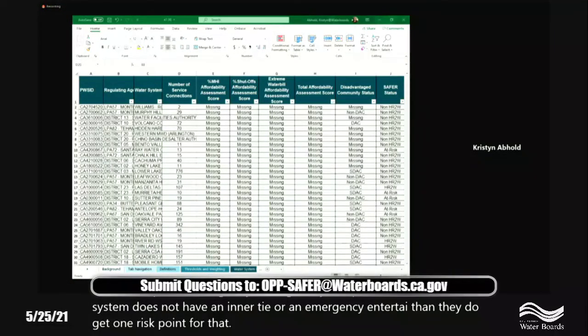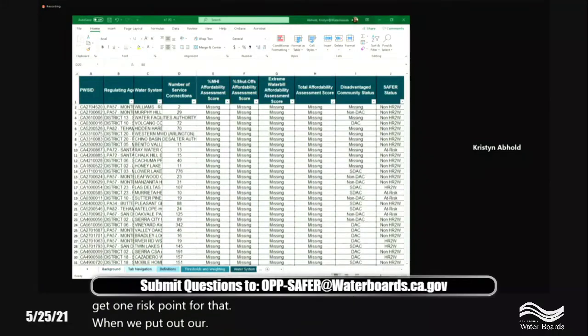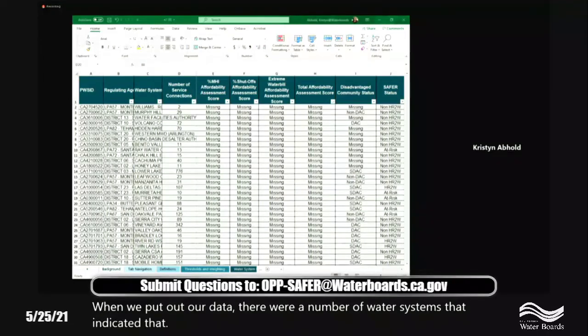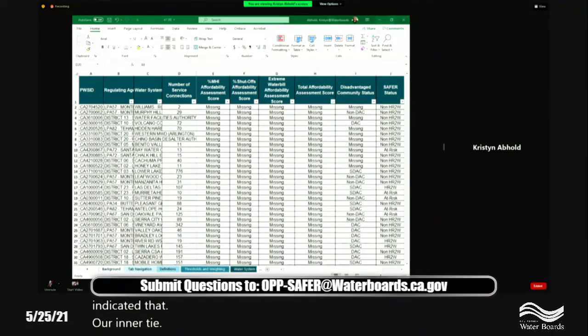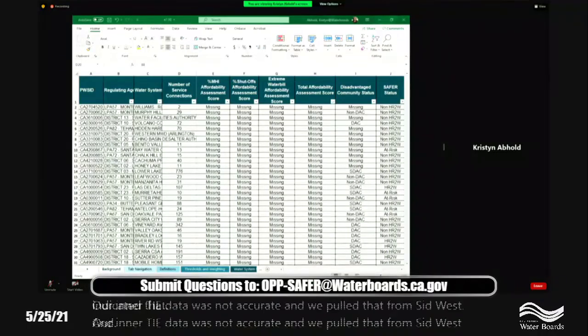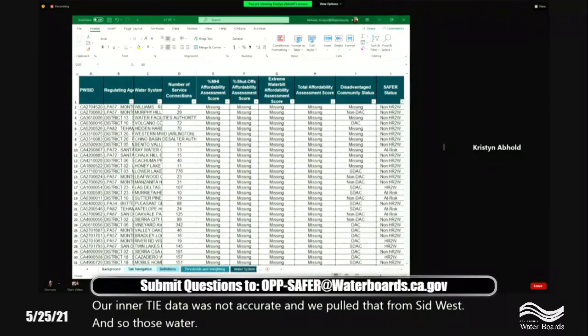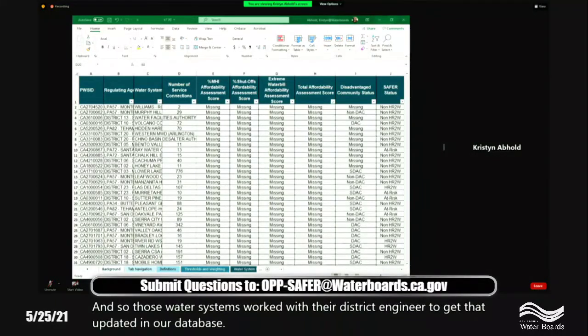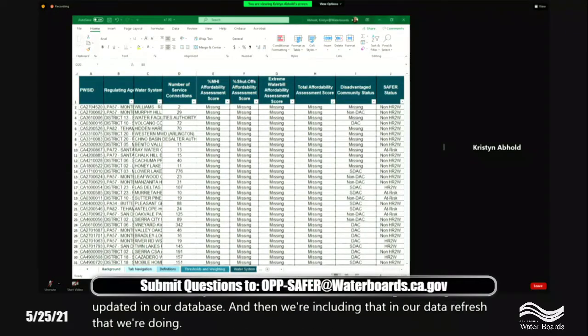When we put out our data, there were a number of water systems that indicated that our intertie data was not accurate, and we pull that from SWRCB. And so those water systems worked with their district engineer to get that updated in our database, and we're including that in our data refresh that we're doing, again, kind of late June, early July time frame.